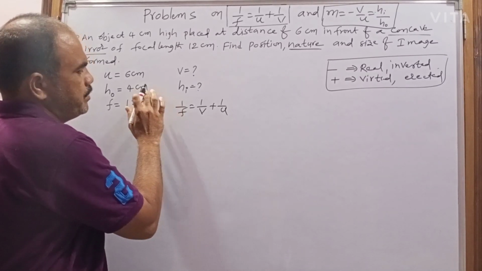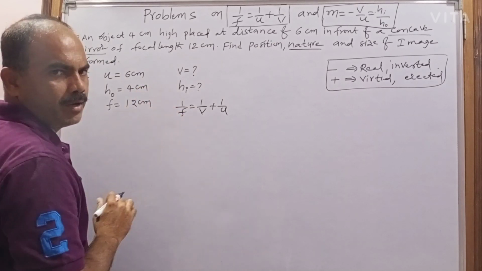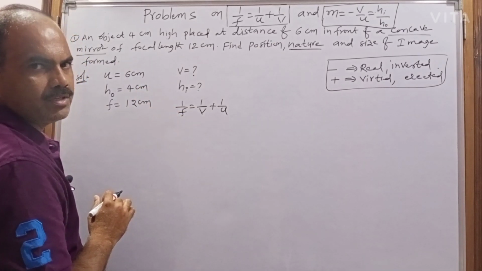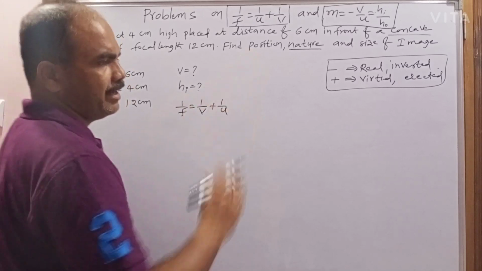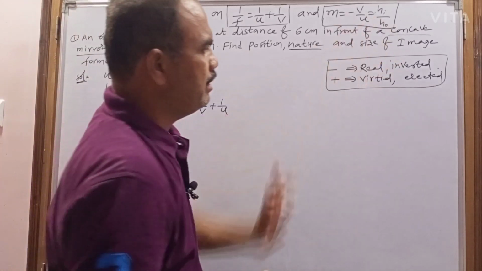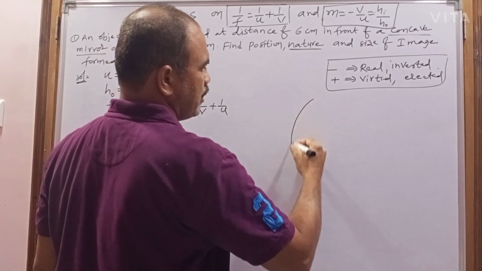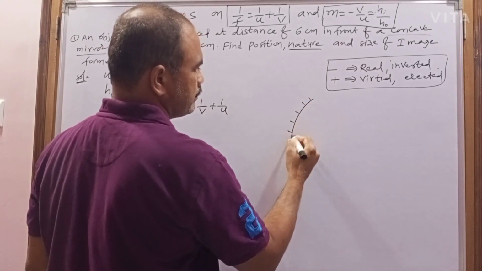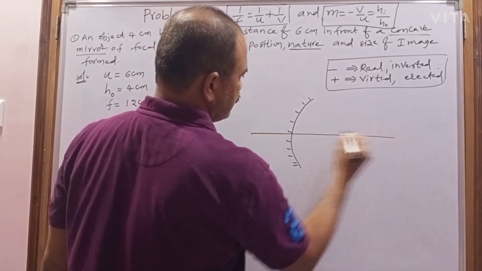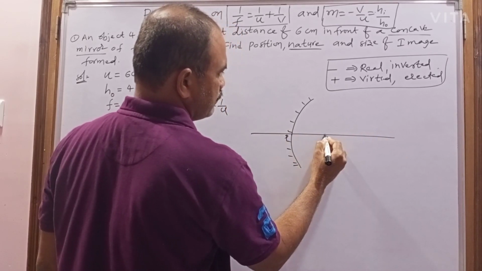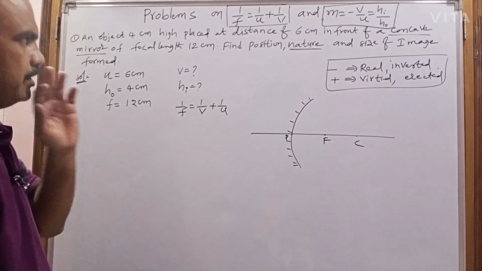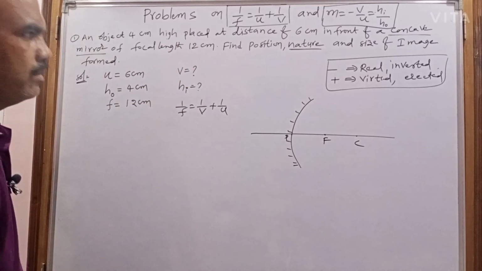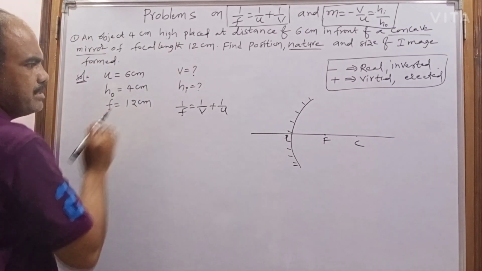But before substituting these values in this problem, we have to apply the sign convention. To apply the sign convention, first of all you have to draw a rough diagram. It is a concave mirror, so this is a concave mirror. The focal length is 12 cm.